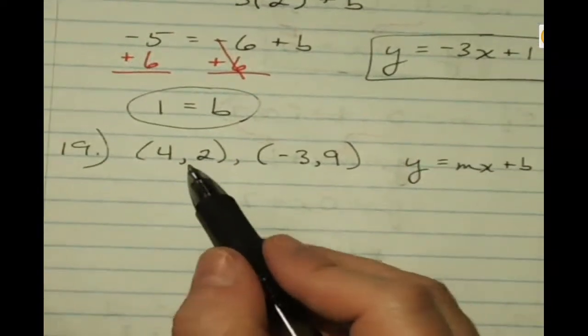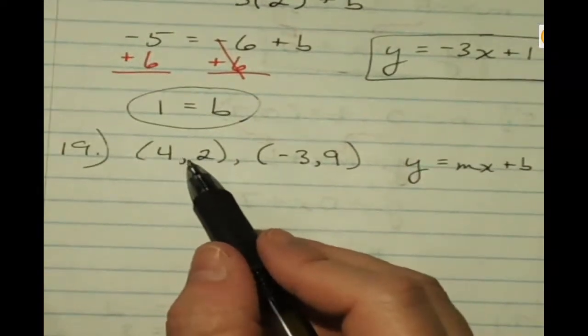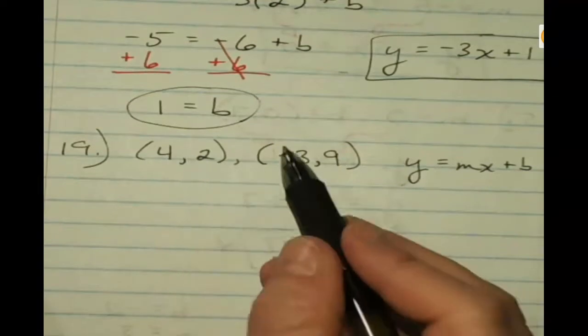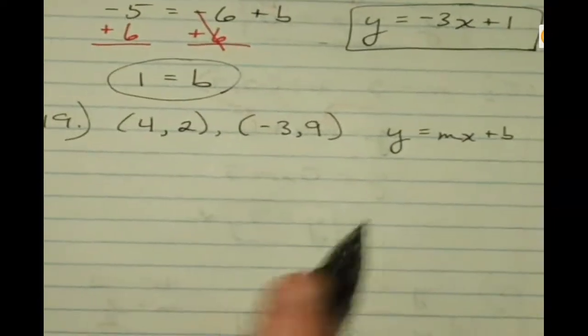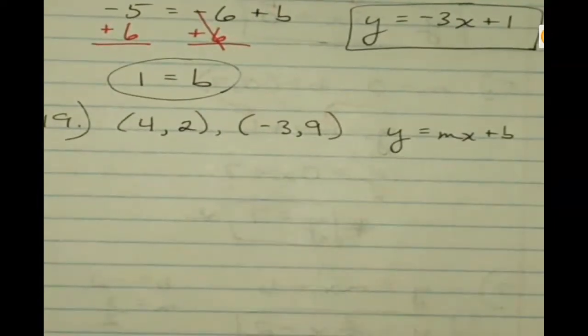So again, you could put on your Cartesian plane this point and this point, connect the 2 dots, and now you've graphed it. No big deal. But they want you to write the equation given these. So Aiden, what do I do?